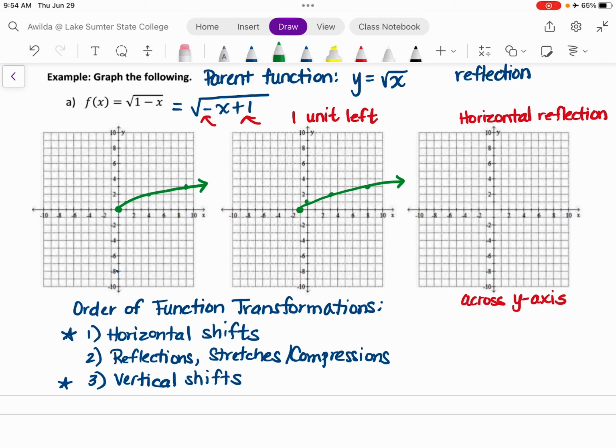And finally, we're going to create a horizontal reflection. So this branch is going to flip over the y-axis. So the endpoint is going to move over to 1, 0, and then everything else gets reflected.